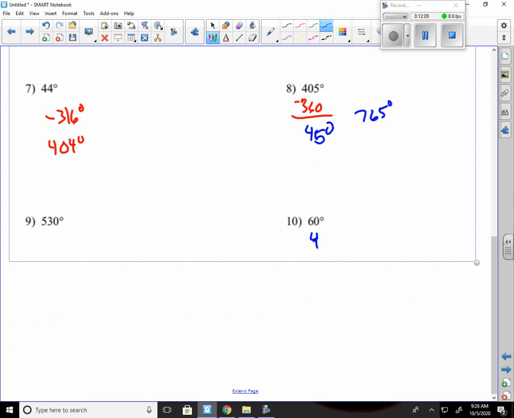This one, I could add 360, get 420. Subtract 360 and get negative 300. This one, I could subtract 360. It's going to give me 170.